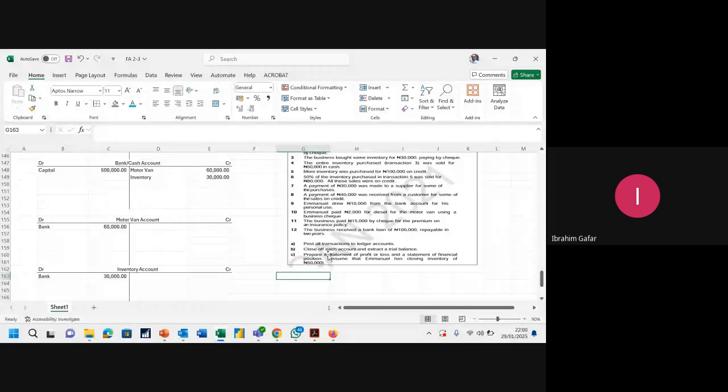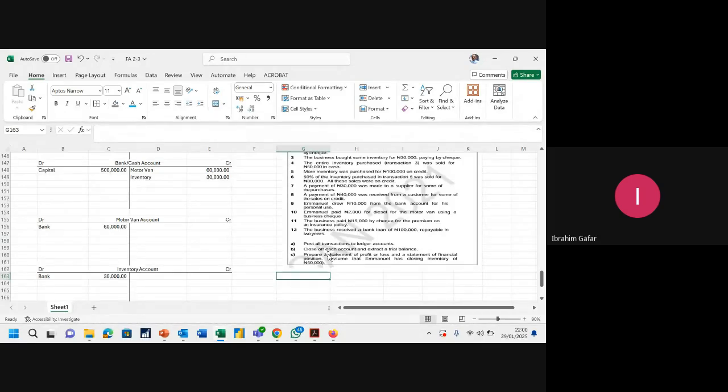Now, it's the same thing if you say you are debiting your purchases account. Your purchases account is in your profit or loss. Your inventory is in your balance sheet. Now, you have cost of goods sold.